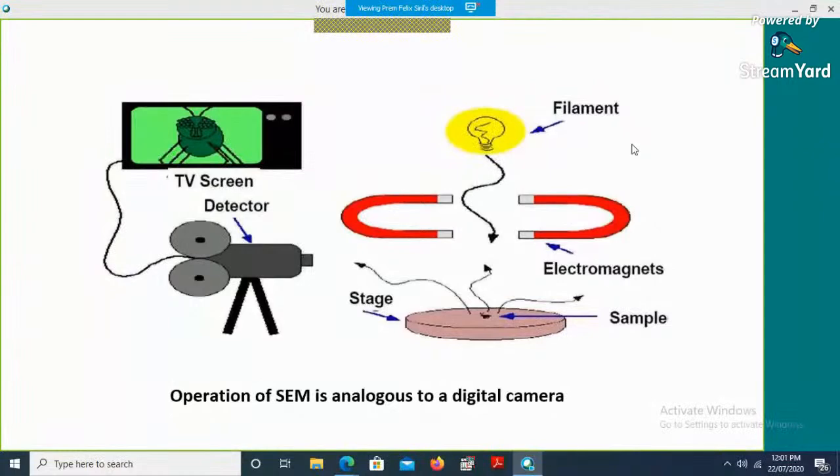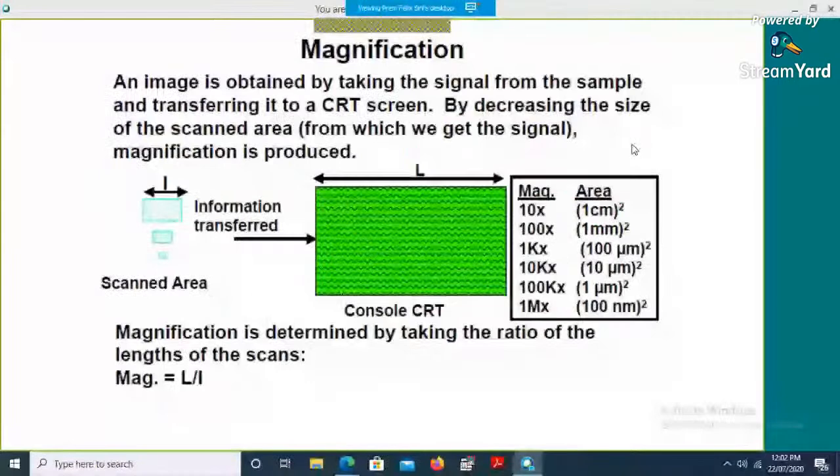You have scanning coils which move your electron beam over the sample in a rastering fashion. It is done line by line. When the electron beam is moving over each location on the sample, it dwells for a very small period of time at each pixel.